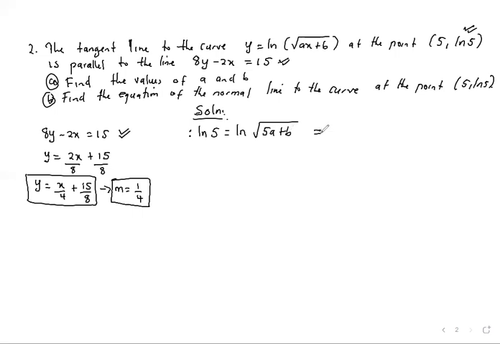Now the laws of logarithms: if I have the same base, it means the inner parts are equal. So 5 will equal the root of 5a plus b. If I square both sides, we'll simply get 25 is equal to 5a plus b. So this is our equation 1 to deal with in the search for the values of a and b.